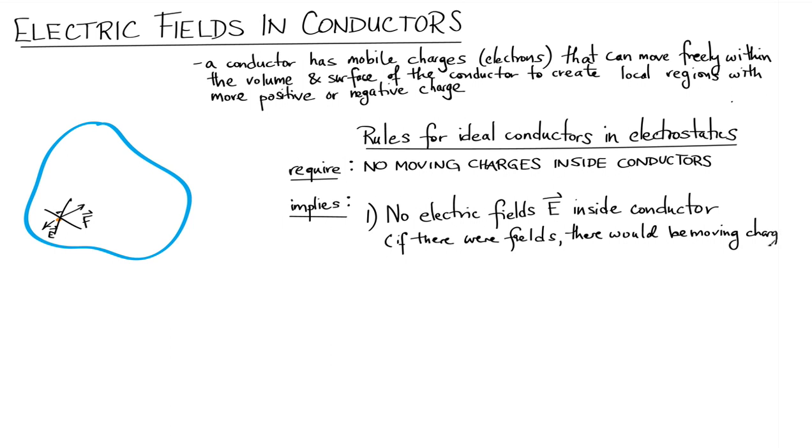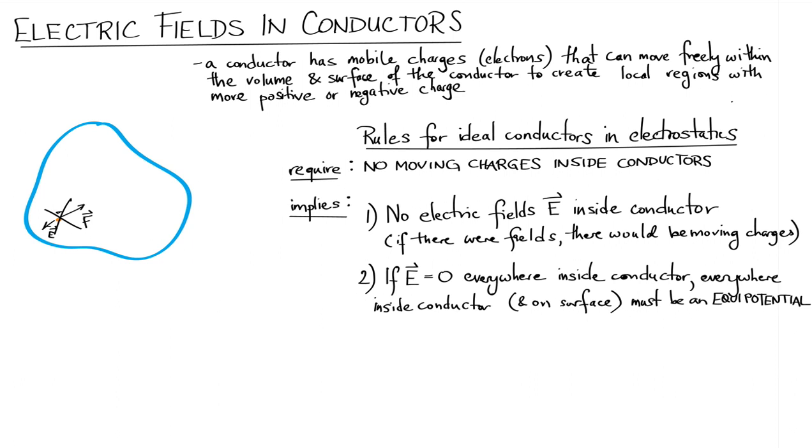All right, the second thing is that if there are no electric fields inside the conductor, then every point inside the conductor must be an equipotential. We talked about equipotential in the last lecture. I'm just going to write this now.